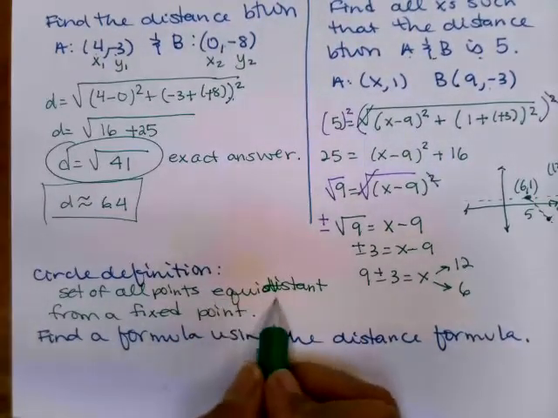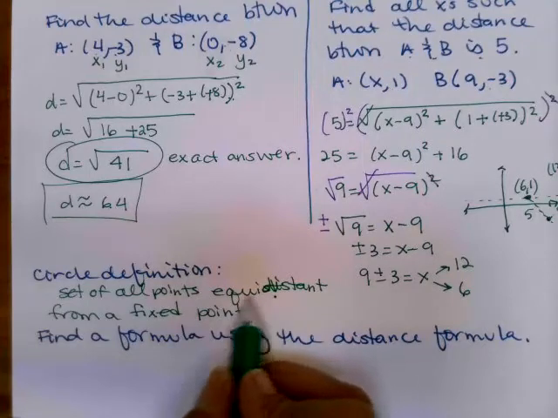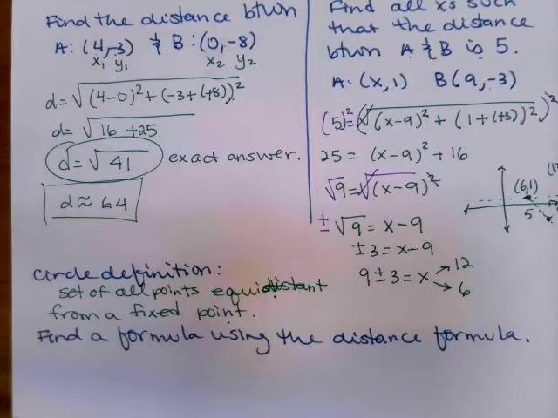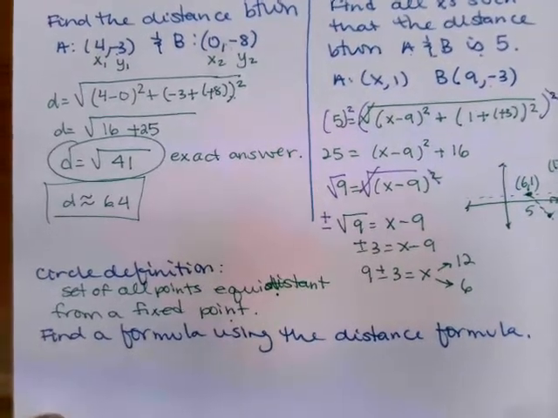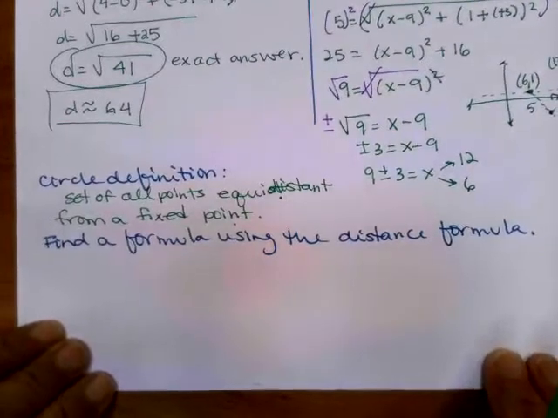So remember, equi means same. And so same distance from a fixed point. So we just talked about the distance formula. So how can we use that to find the equation of this circle?